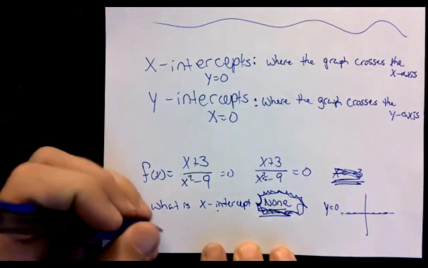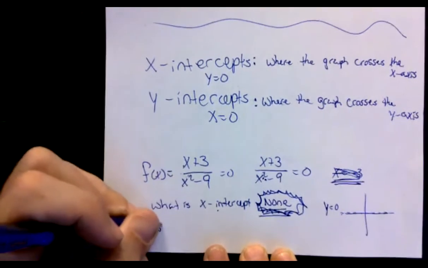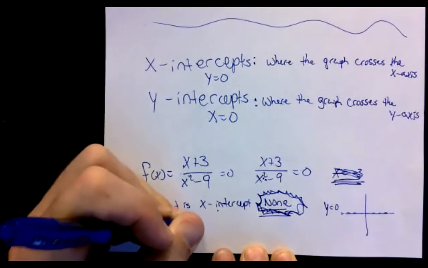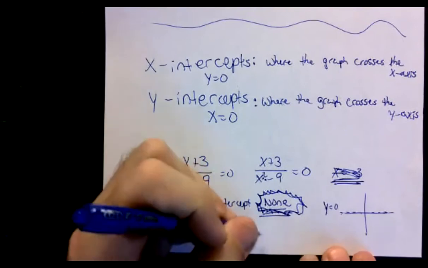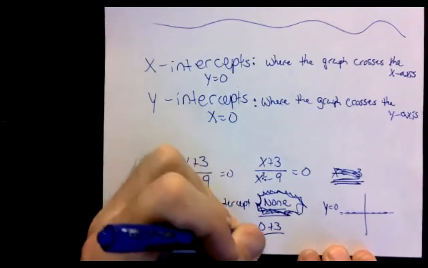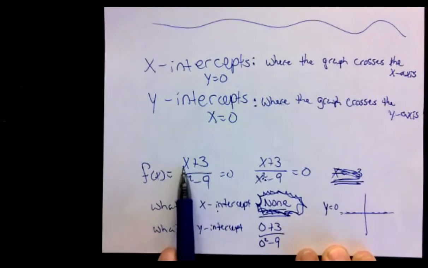Good news is the y-intercept is easy to find because then we just plug 0 in for x. So what is my y-intercept or intercepts? You put 0 in for x. So we put 0 in here for x, 0 plus 3.